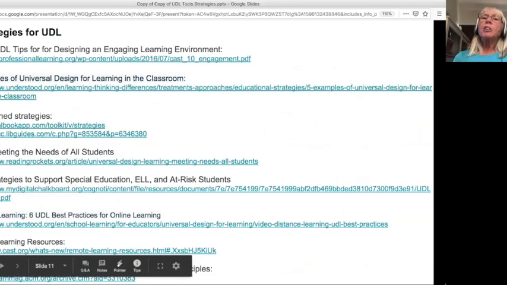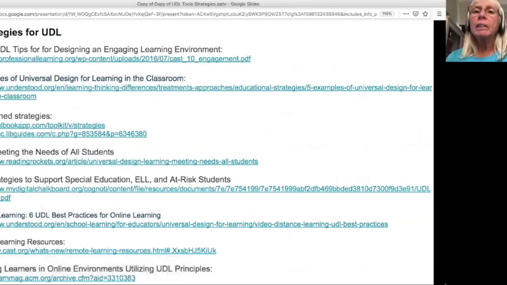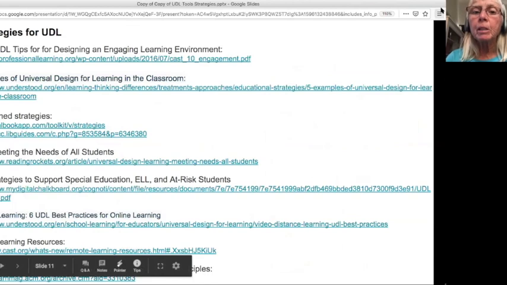All right, so strategies for UDL, and I'm sure many of you have explored a zillion of them. I found these to be really good, particularly the last three, because now we are in the distance and remote learning environment. So that second to last one, the remote learning resources from CAST, is really good, and it's being continually built on.